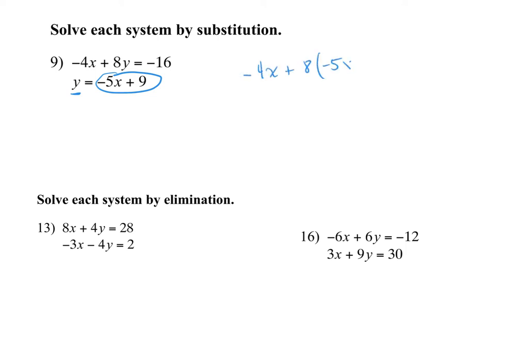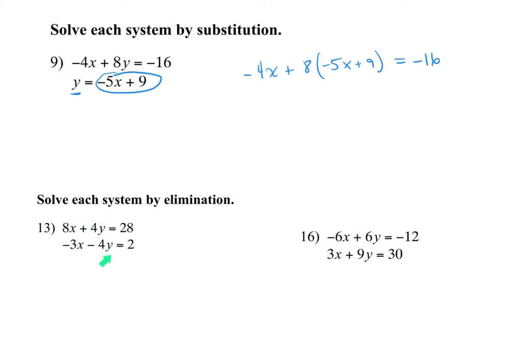And so for this one, I would probably go ahead and just solve by substitution. Put that negative 5x plus 9 in there, solve for my x, and then plug it back in to get my y, right? Because it's set up to naturally solve by substitution. But if I got something like number 13 and it didn't tell me how to solve, I would probably solve this one by elimination, because clearly I have a y that is ready to be eliminated, right?